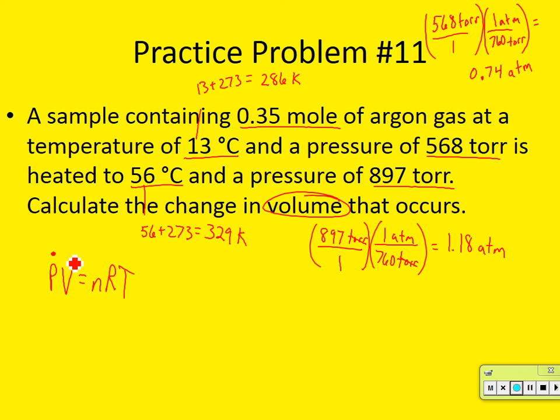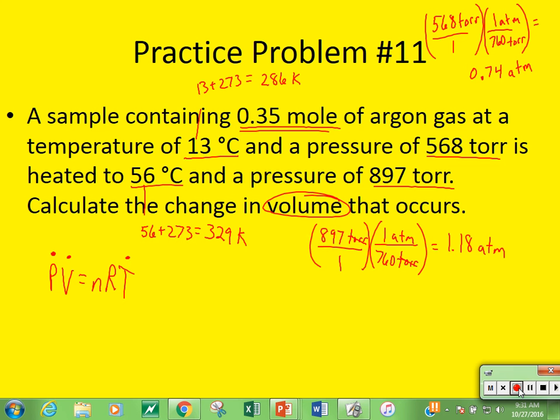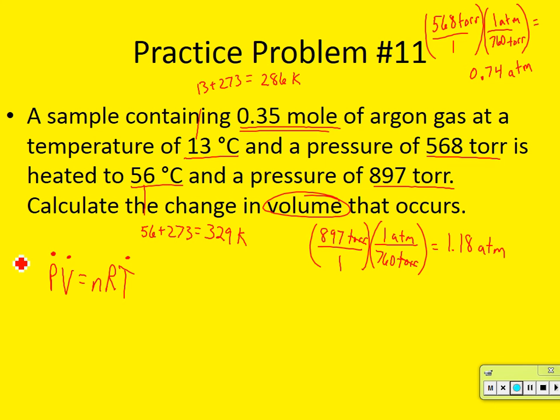Okay, so volume is changing, right? Is number of moles changing? No, it told us moles, but it's not changing. So we're going to keep that one without a dot. Is R changing? No. And is temperature changing? Yes, so put a dot there.